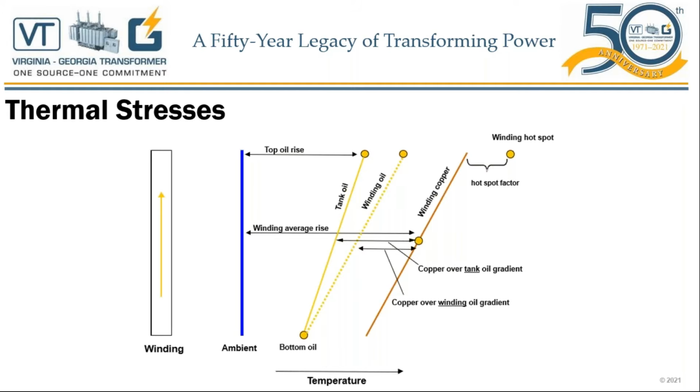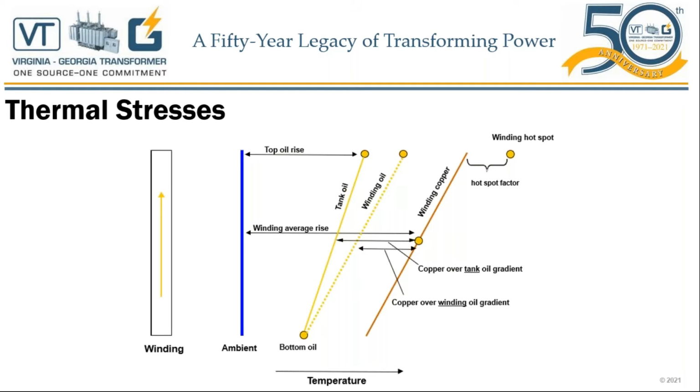In this slide right here, I'm not going to read every one of them one by one, but it is really to give the idea of how temperatures relate in respect to the winding height. As we know, the two main sources of heat in transformers are A, the conductor losses due to I squared R current flowing in the windings, and of course the core losses due to magnetic flux in the core material.